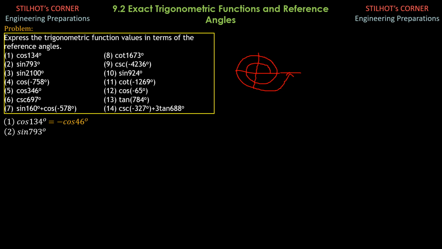So we only add 73 degrees. This is just an approximate, but this should be 73 degrees because 2 revolutions in the counterclockwise direction is already 720 degrees. So the reference angle is 73 degrees.